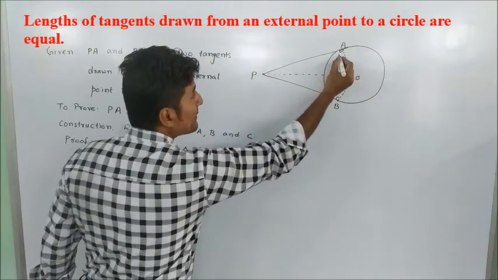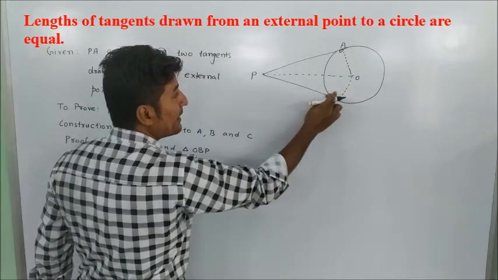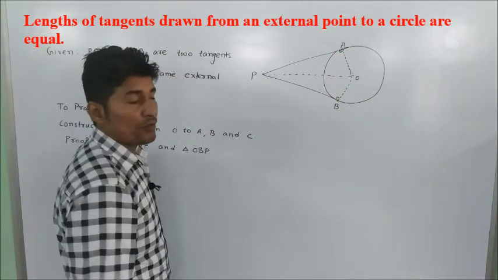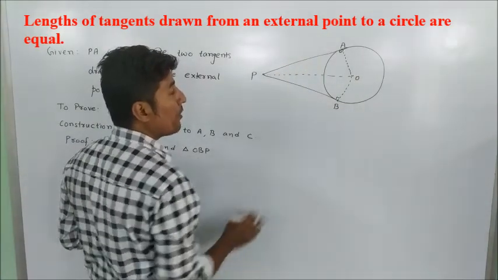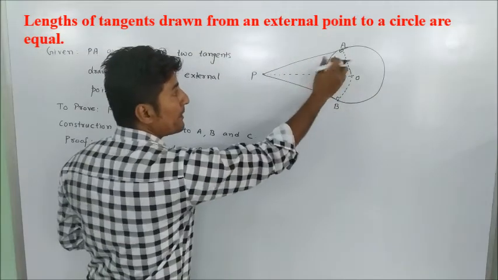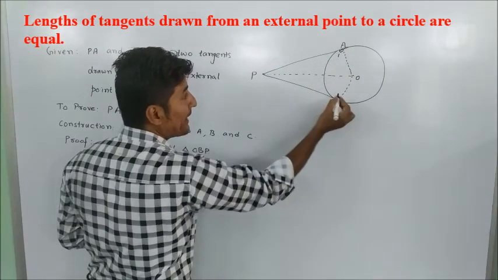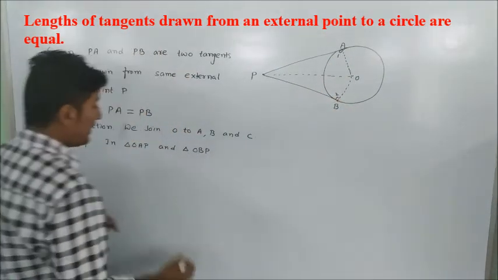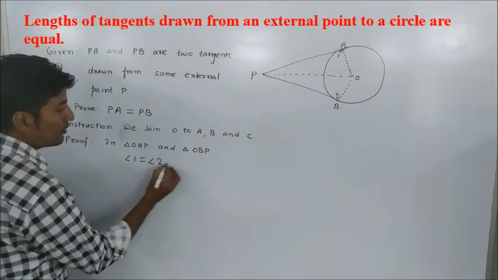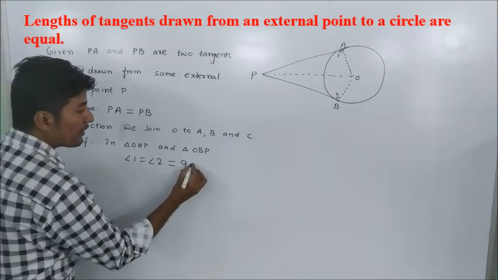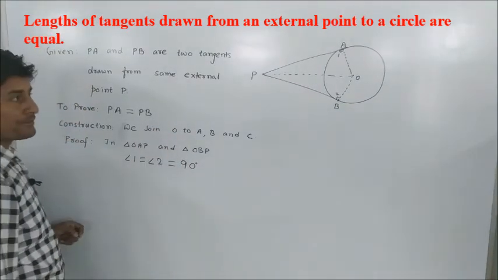In this triangle, the measurement of this angle is 90 degrees. In this triangle, the measurement of this angle is also equal to 90 degrees. Since OA is perpendicular to AP, the measurement of this angle is 90. So we can take this as angle 1 and this as angle 2. Angle 1 is equal to angle 2 because both are equal to 90 degrees.